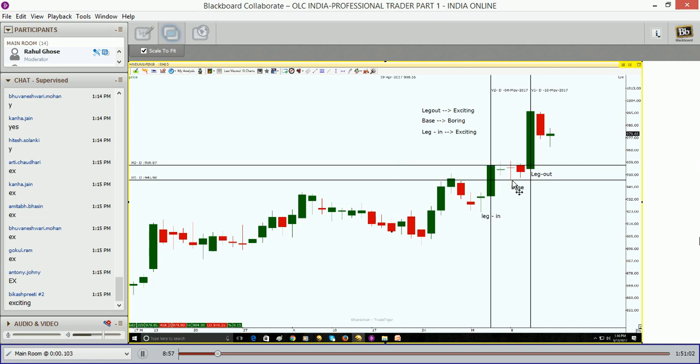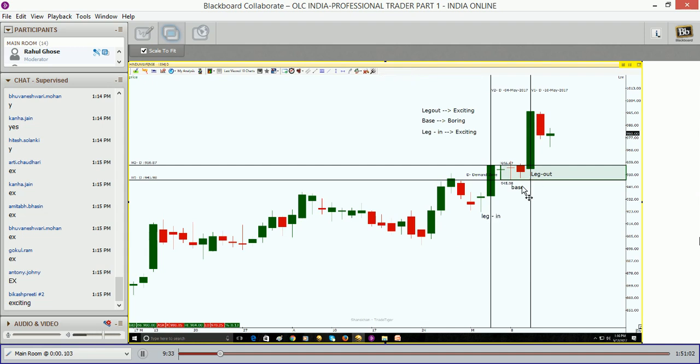I mark the lowest wick of the lowest base candle, and I mark the highest body of the highest base candle. Then I select the demand zone tool, and between the lowest wick of the lowest base and the highest body of the highest base, I mark my demand zone.